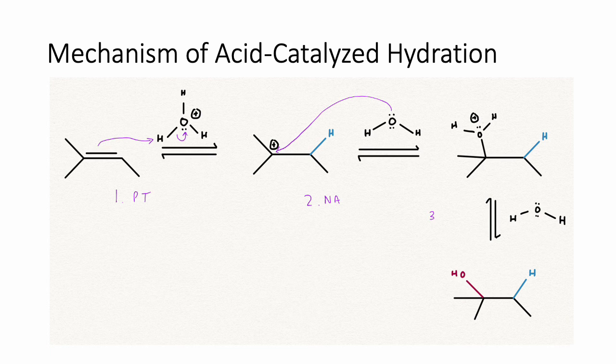The final step is a proton transfer, where water acts as a base and deprotonates this positively charged group. And the end result is that we get Markovnikov addition, and we have the hydroxyl group added to the more substituted carbon.